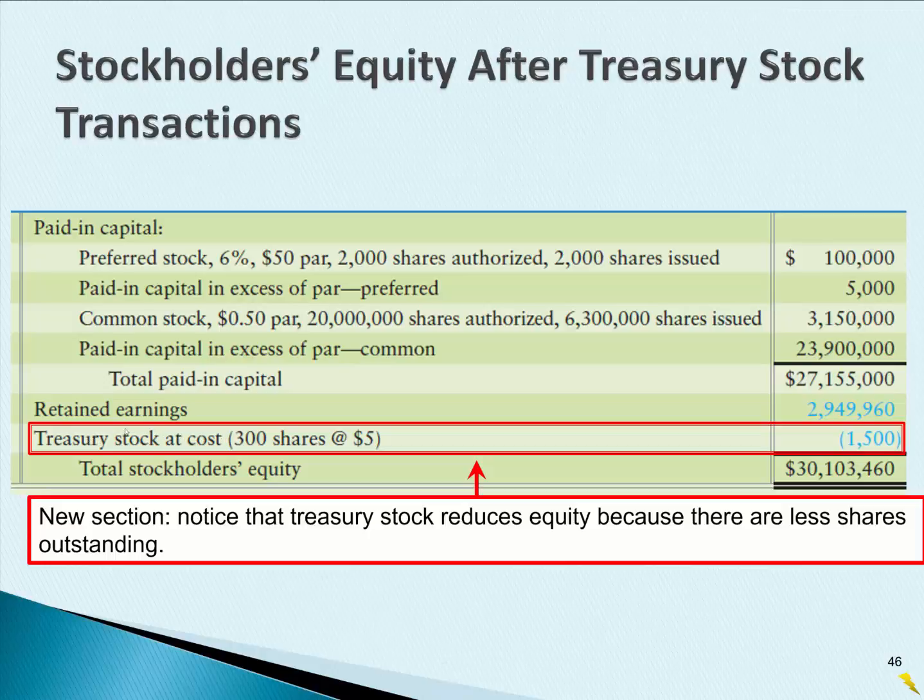And remember, it is a contra equity, meaning it lowers this whole equity amount. So that's why it is at a negative amount. And we have to show the cost of the Treasury stock, $5 per share. Now, if we did have the paid-in capital from Treasury stock transactions, it would go right here after paid-in capital in excess of par for common.